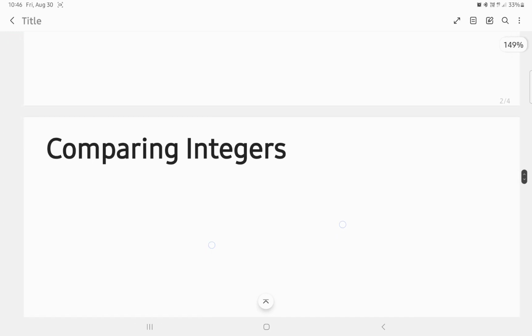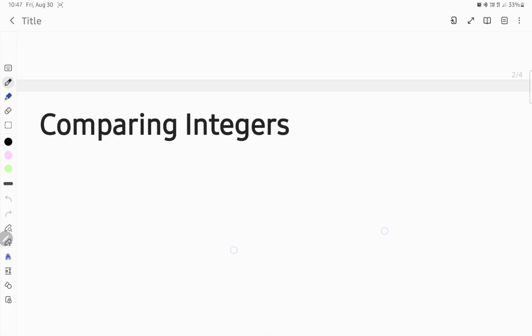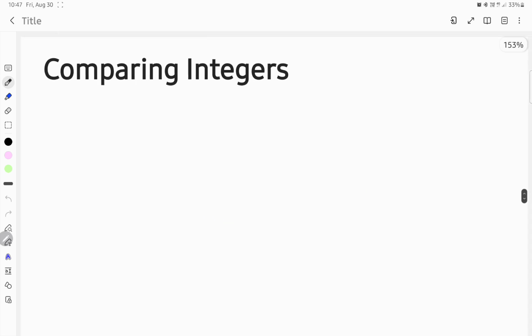Now let's go with comparing integers. Let me have my pen once again. When we compare integers, these are 2 numbers, and you try to tell which one is bigger and which one is smaller. In comparing, there are symbols, such as the first one, equal. The other one is greater than. And the last one is less than.